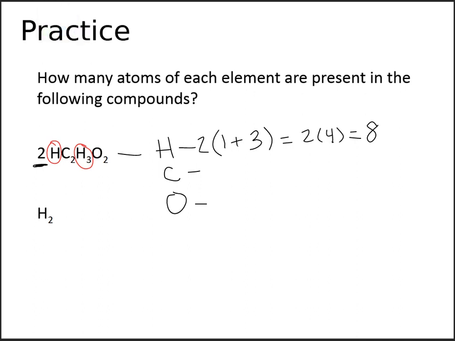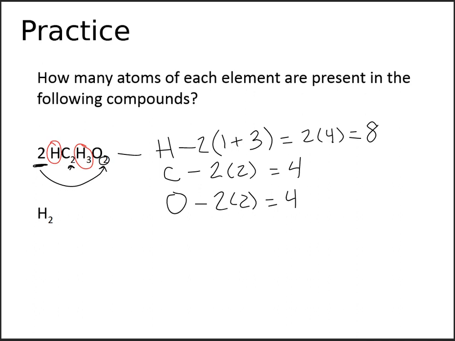For the carbon, we only see this carbon once, and there's a subscript of 2, so we're going to say 2 times 2, which is equal to 4. And then same thing for the oxygen. There's a subscript of 2, so we're going to multiply 2 by 2, and that equals 4.